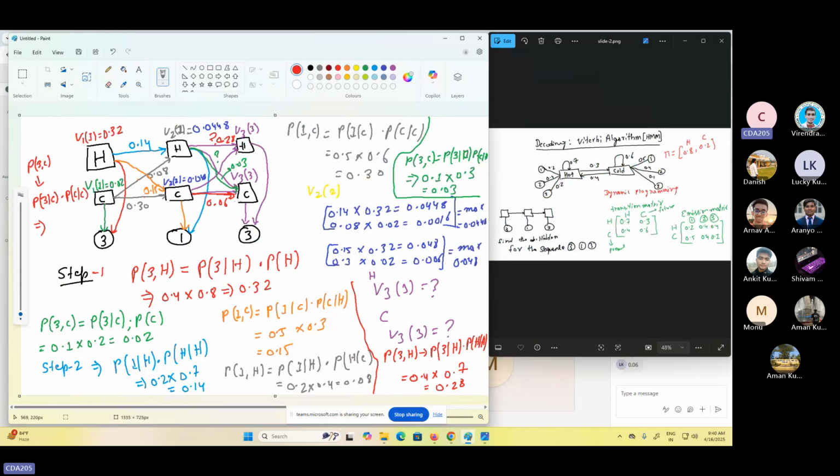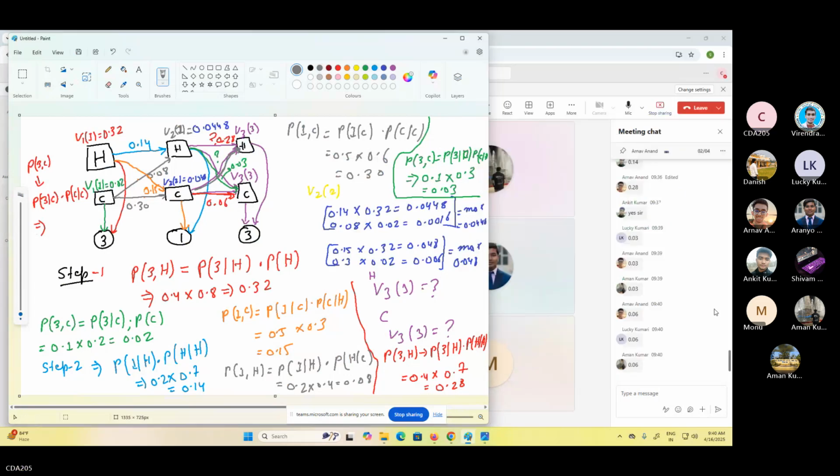Now, next, what do we have to calculate? Now calculate this one, C to H. C to H calculate. What will be the value from C to H?